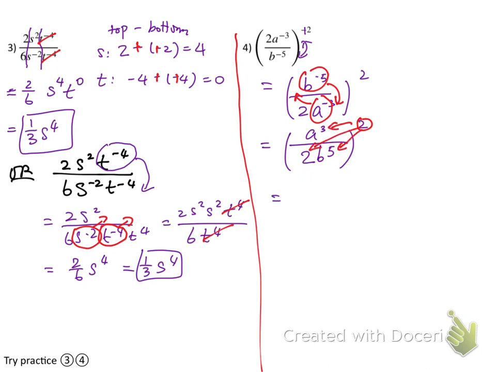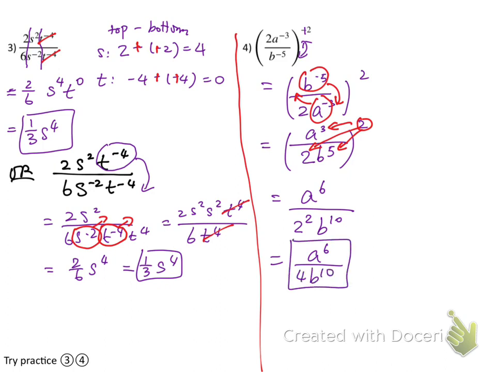And when you already had an exponent, like for a, the third and the outer second multiply together, the 3 and 2 give you 6. And if you didn't have an exponent like the 2, the outer exponent will just sit there. For b, it had a 5, so 5 times 2 gives you 10. And then, I guess the only thing I need to do is 2 squared is 4, and that's it.